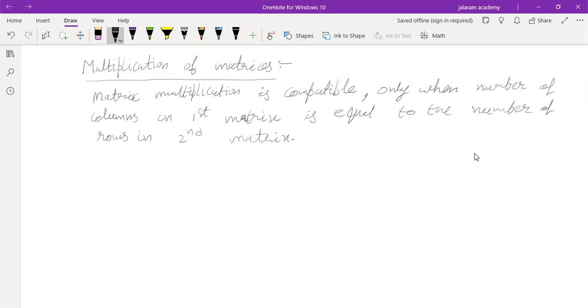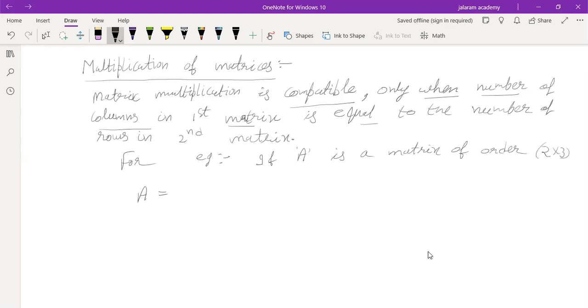Is that clear to you? For example, if A is a matrix of order 2 cross 3, it must have 2 rows and 3 columns.